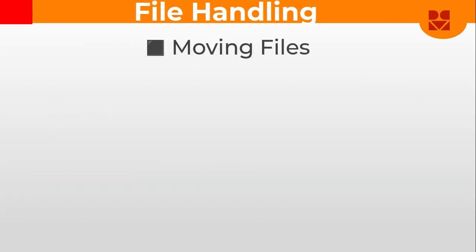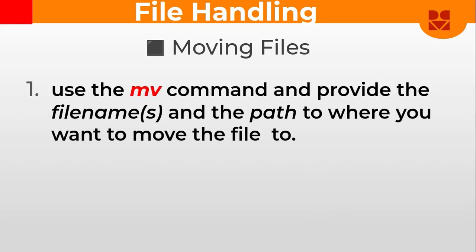Okay, now moving files. So now we've been able to copy the files, but then we want to move the files, right? What if we don't want the file that we've copied to still remain there? We would have to move. So to move them, we have to use the move command, the mv command, and after using the mv command, you have to provide it with the file names, right, and then the path to where you want it to go, just like the cp, right?